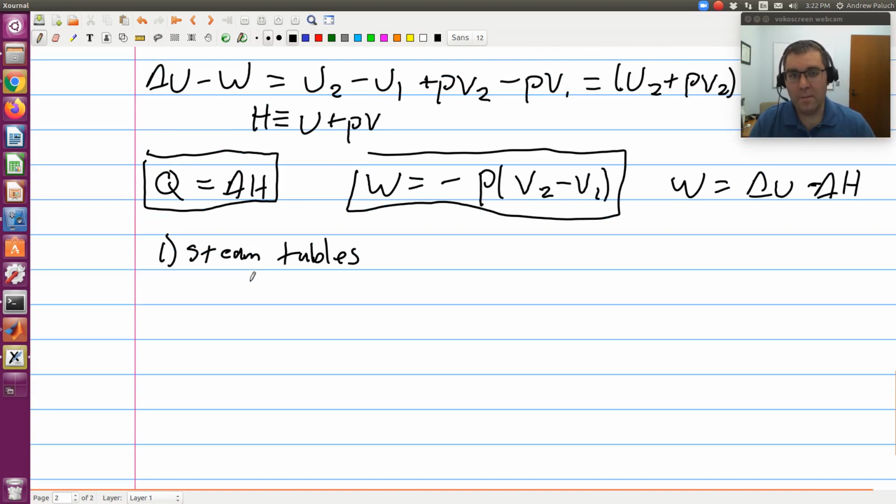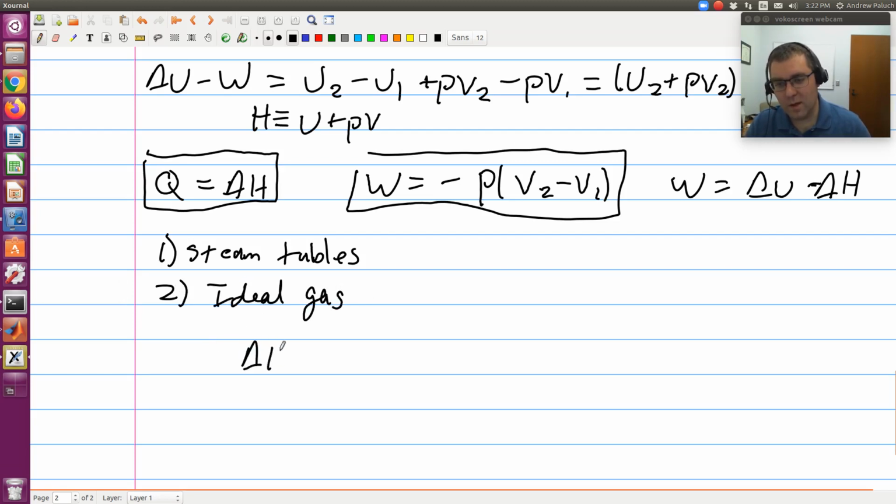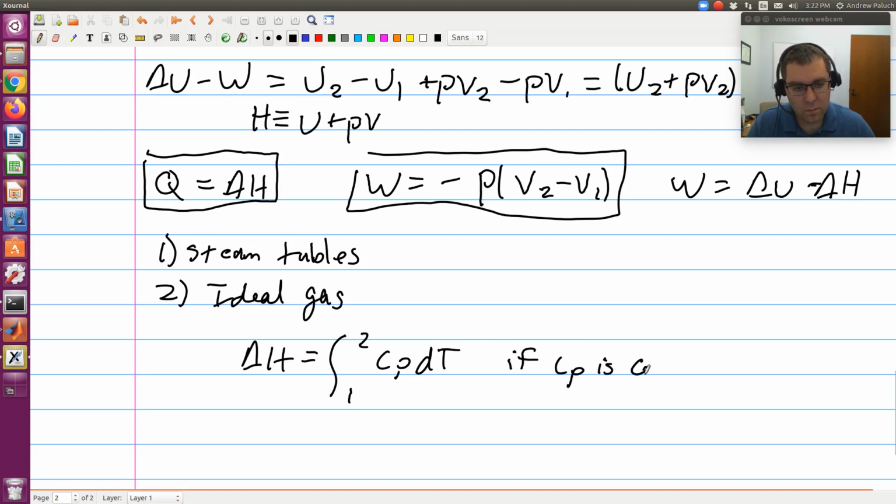If I had an ideal gas, this is where things change. For an ideal gas, delta H is the integral from my initial to final state of Cp dT, where if Cp is constant, then I end up with delta H equal to Cp (T2 minus T1).